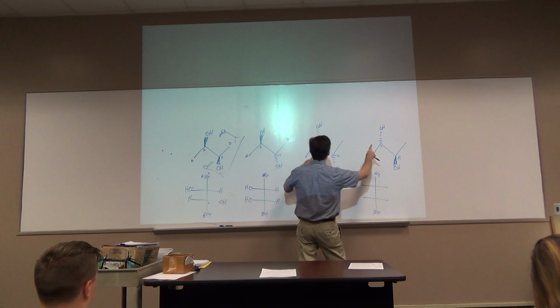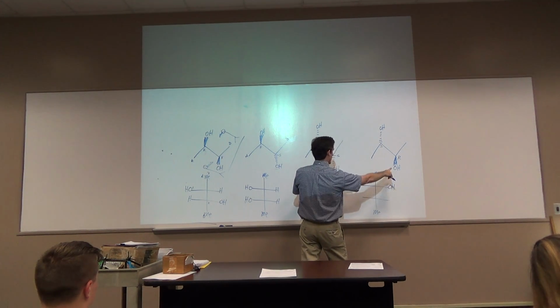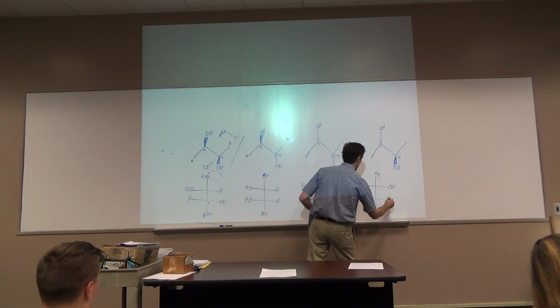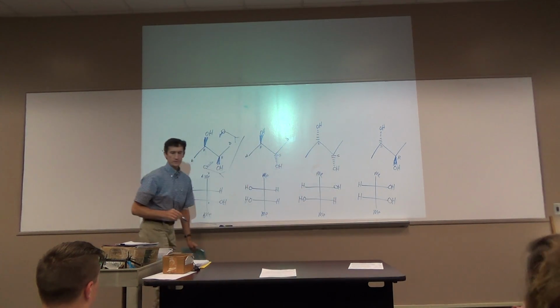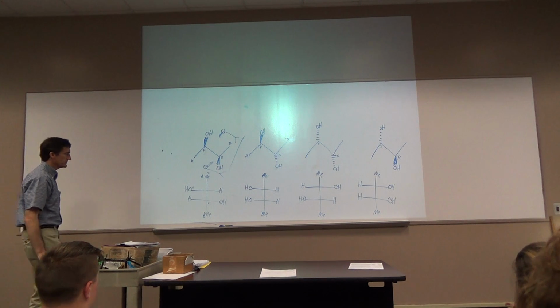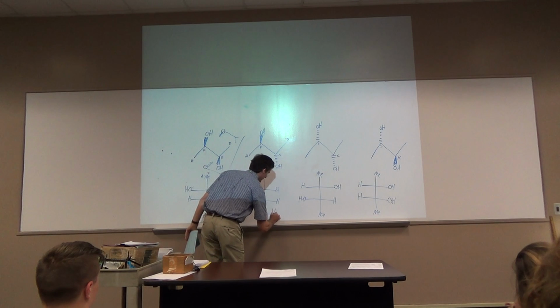Methyl. The OH is the same, that means it's on the right. This OH is different, that means it is also on the right, correct? There are the 4 structures in Fischer projections. We can number 1, 2, 3, and 4.